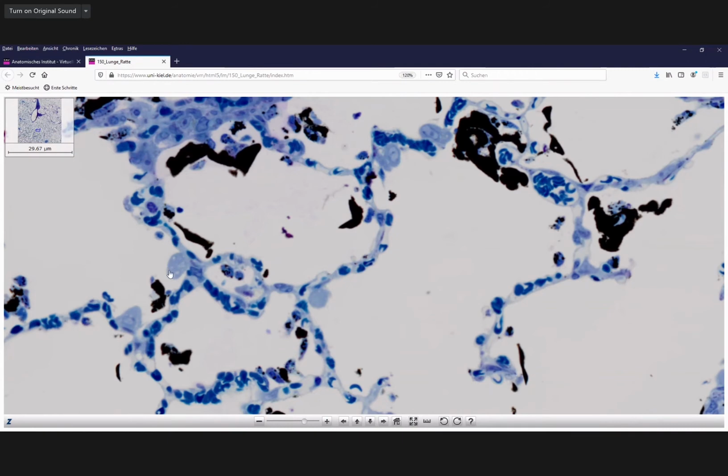And as you know, they produce the surfactant, and surfactant has multiple components, lots of lipids, for example. These cells produce phospholipids, which are comparable to those which we have in the cell membrane.